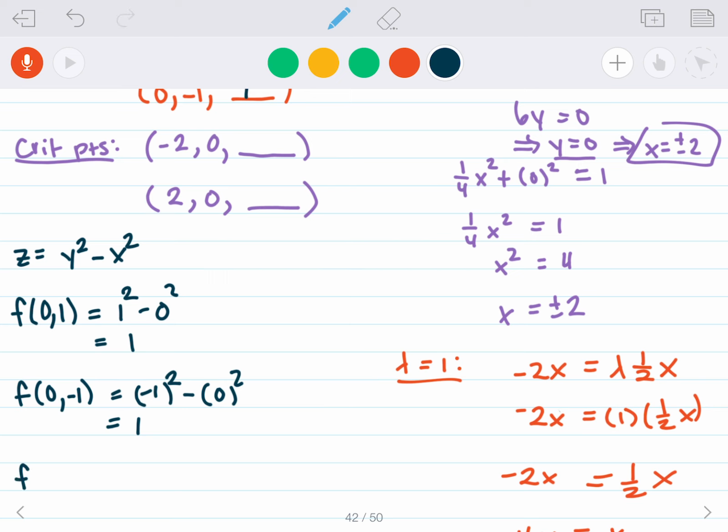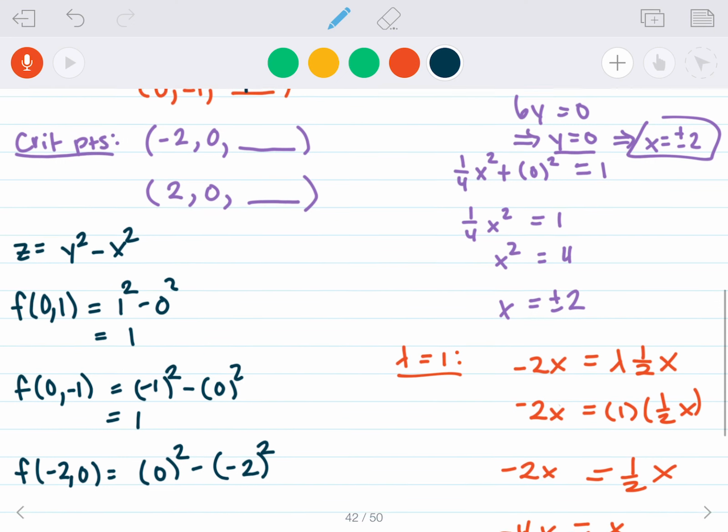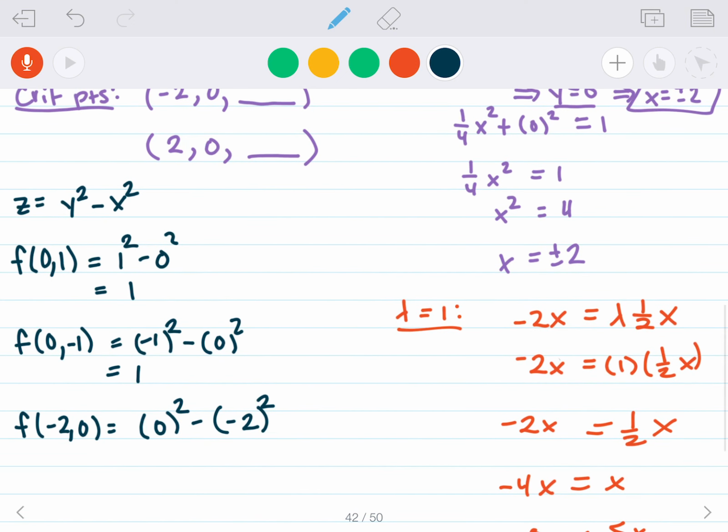Okay, so what about f of negative 2, 0? Well, f of negative 2, 0, if I plug in negative 2 for x and 0 for y, I get 0 squared minus negative 2 squared. And that's going to give us negative 4.